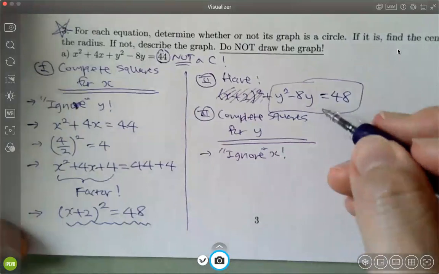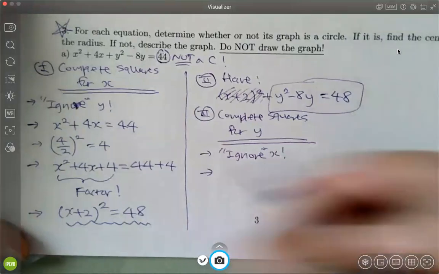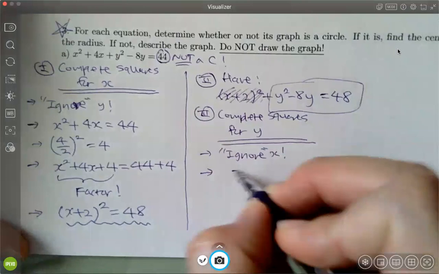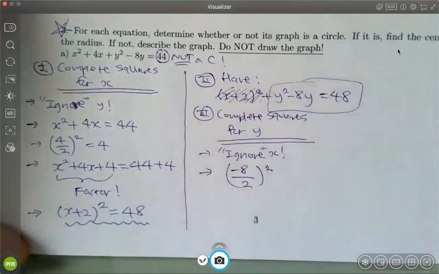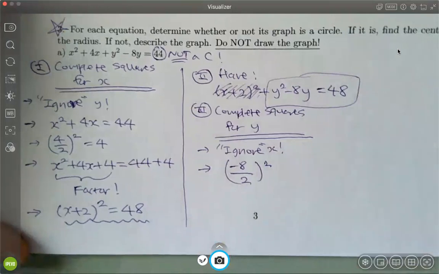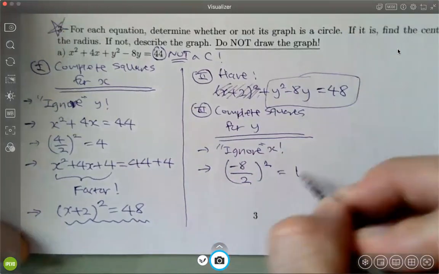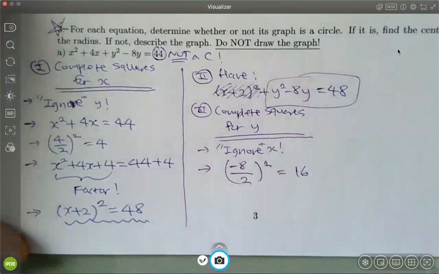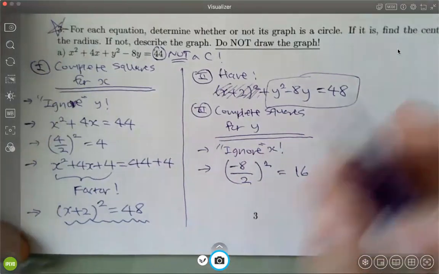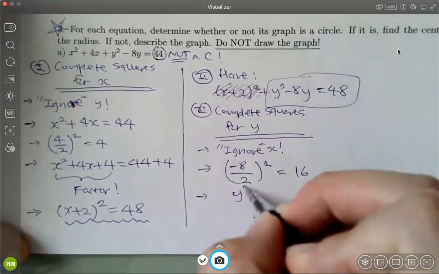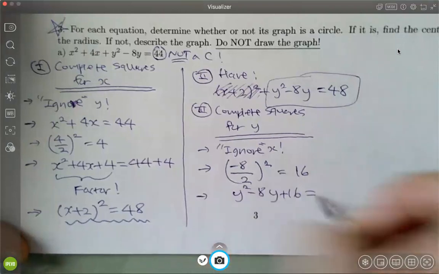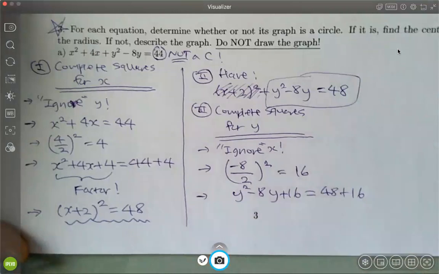No. So we take the coefficient of y, which is -8, divide it by 2, and then square it. So what is this? Positive 16. And then you add this to each side. So what do you get? y squared minus 8y plus 16 is equal to 48 plus 16.